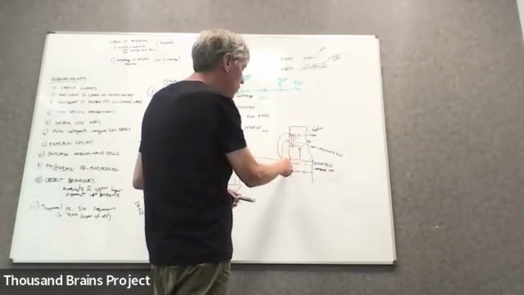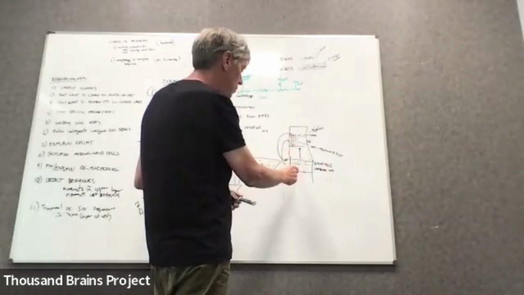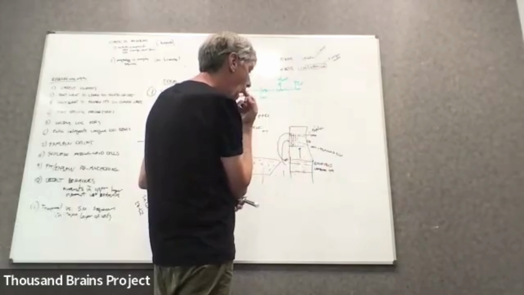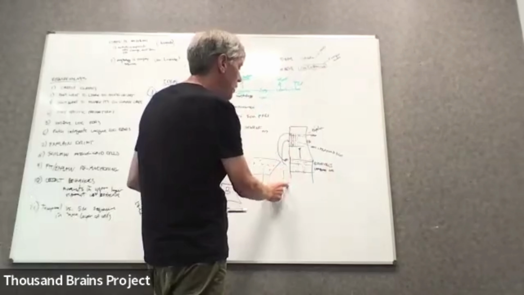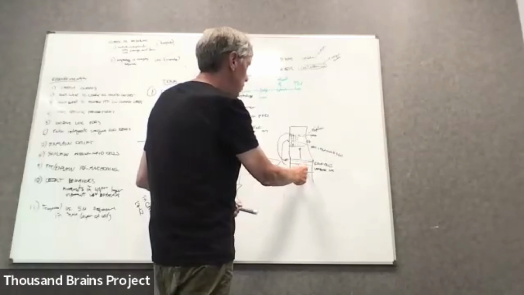I want path integration to occur. Well, path integration could occur for these. I don't think path integration occurs for these so easily. I mean, if I move from location to location, I'd have a different set of sparse patterns here.